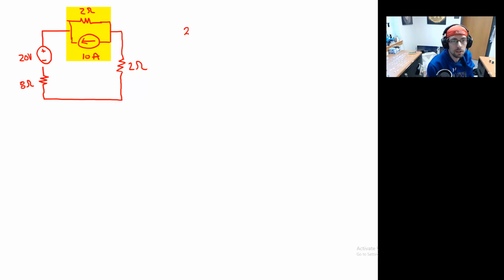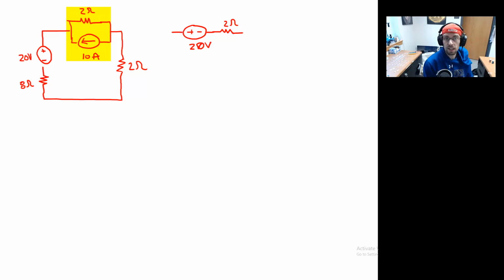That gives us 20 volts in series with a 2 ohm resistor. So we have 20 volts in series with a 2 ohm resistor.